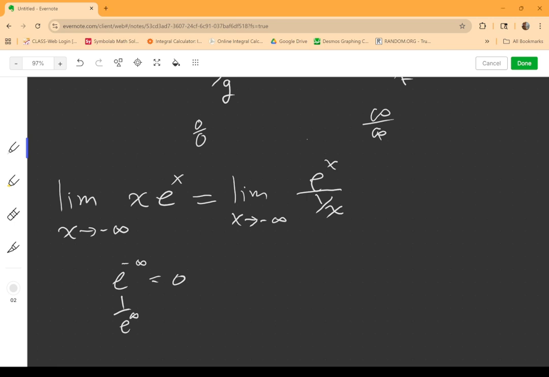Actually, I think I'm hesitating here. The reason I'm hesitating is if I do L'Hopital's rule, it's not going to get me anywhere. Limit as x goes to negative infinity, I get e to the x over negative 1 over x squared, so in both cases, we still get infinity over infinity.